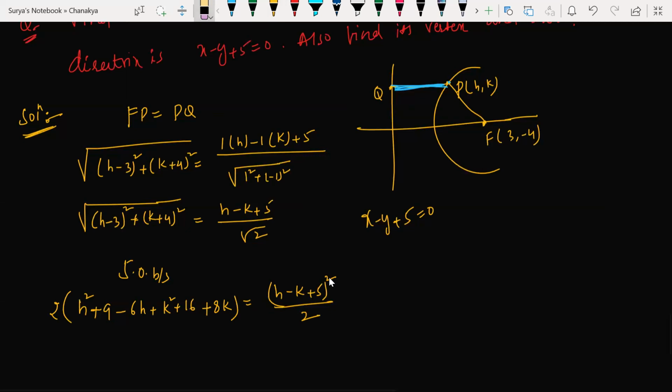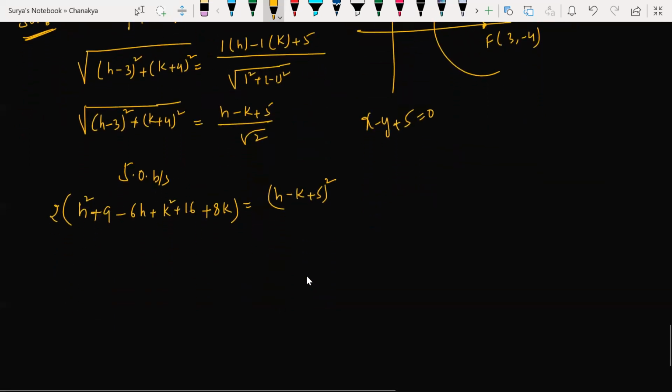So it became like this. Okay people, any doubts here? I just brought the 2 to the left hand side. It became like that. So solve this now.